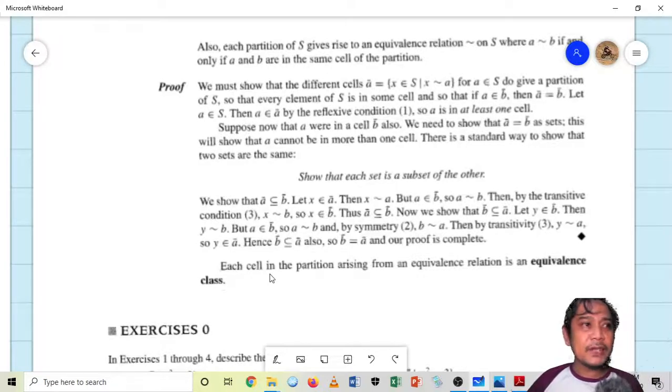If A is in the same cell as B, and B is in the same cell as C, that would mean that A is in the same cell as C, because a partition is disjoint, meaning the relation of being in the same cell would be transitive. Since that relation is reflexive, symmetric, and transitive, the relation of being in the same cell in a partition is an equivalence relation.